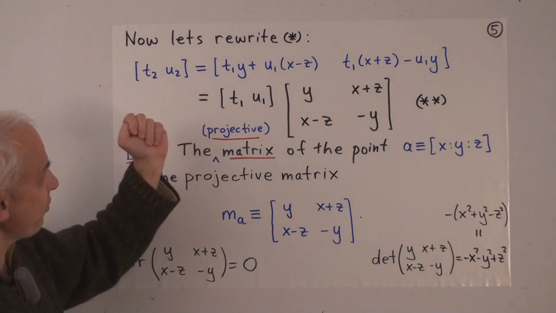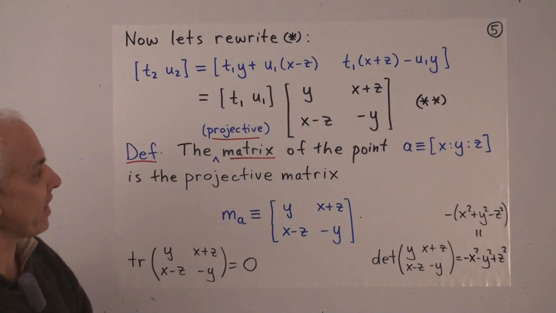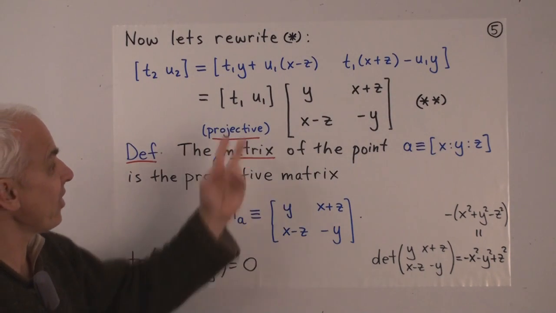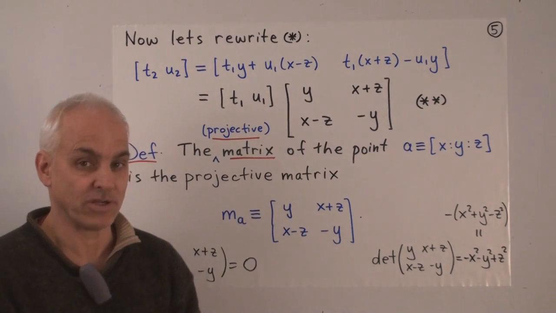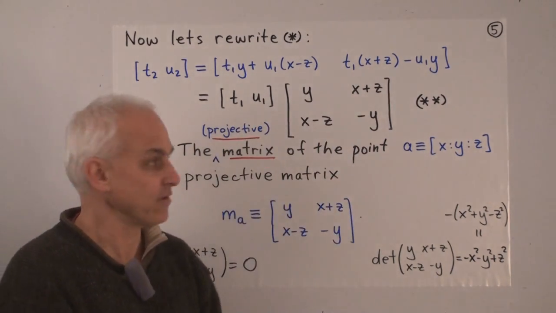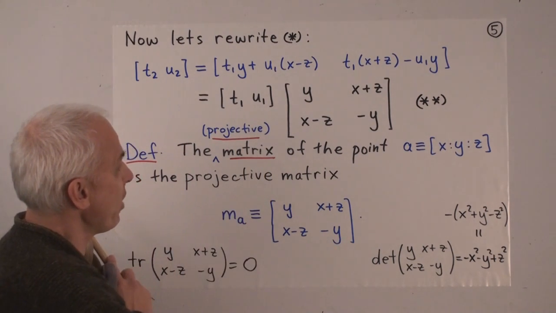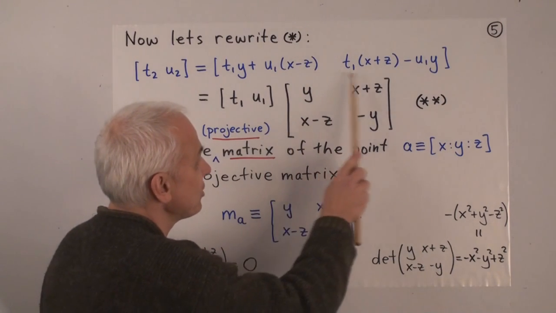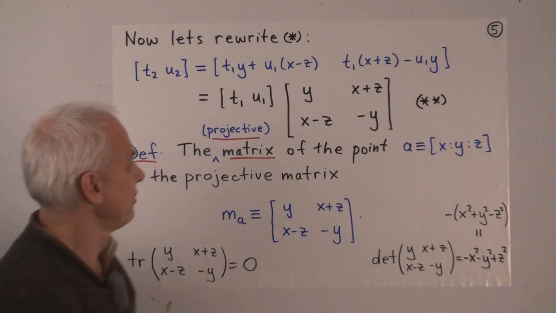So the interesting point here is that this row vector can be written as a row vector times a matrix where everything is projective. It's the projective vector T1, U1 times this 2 by 2 matrix. So let's check that.